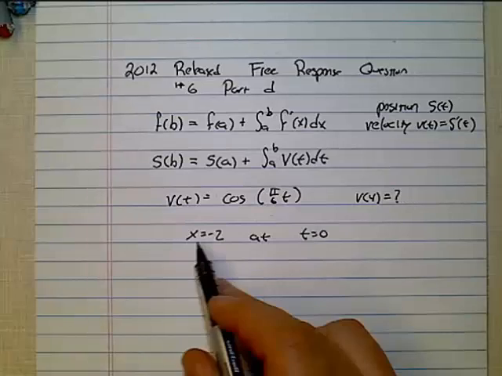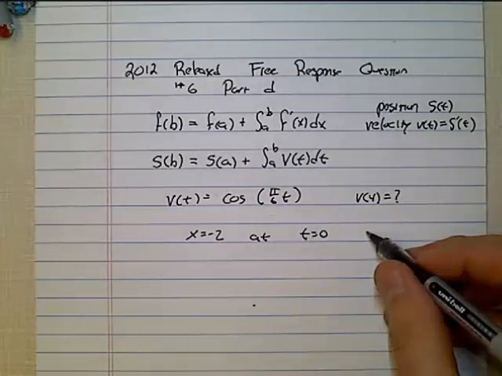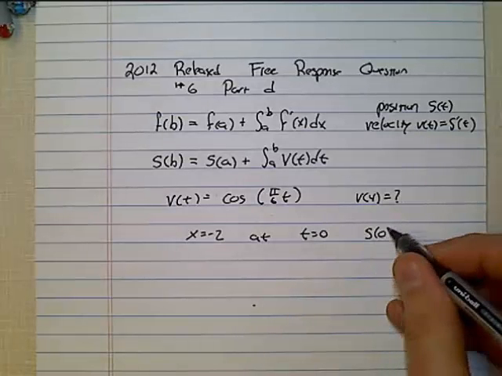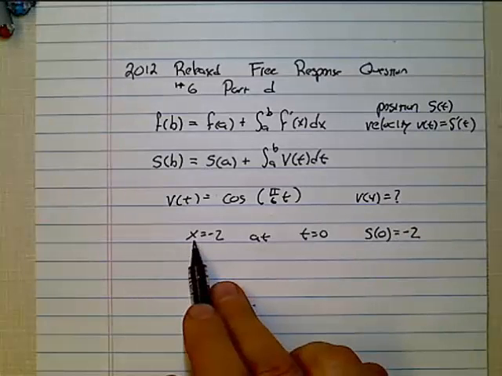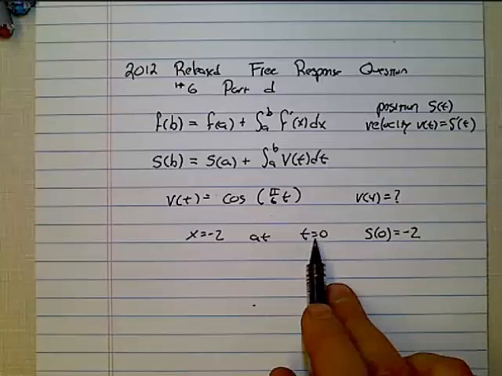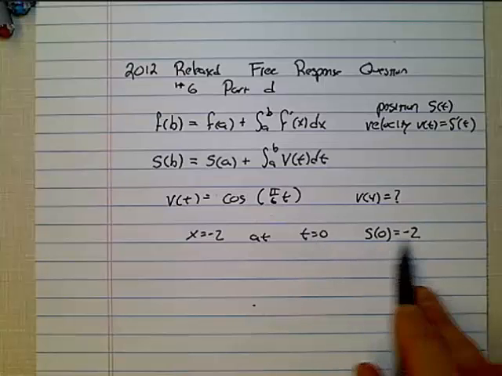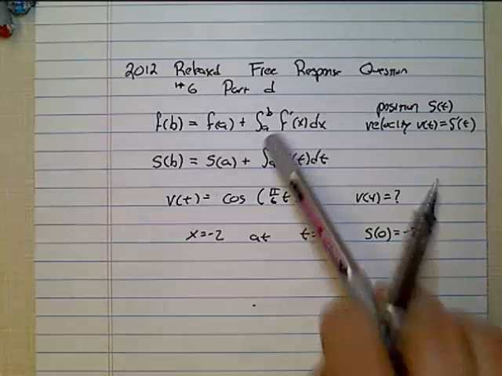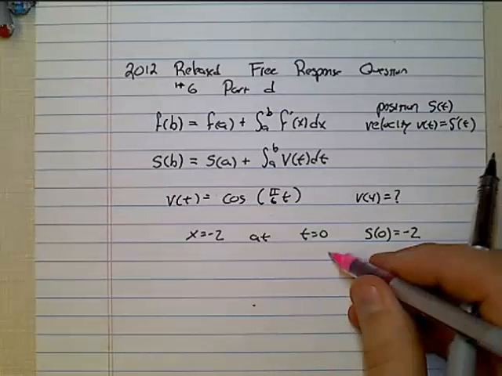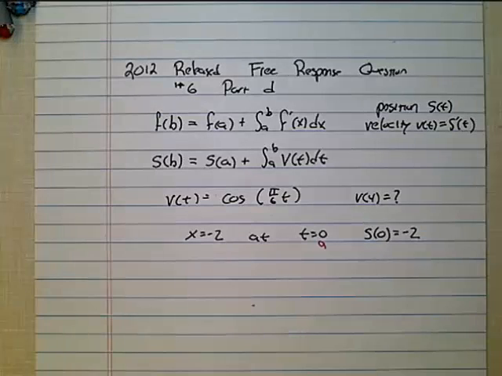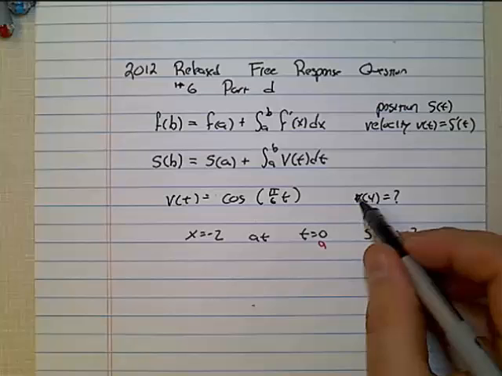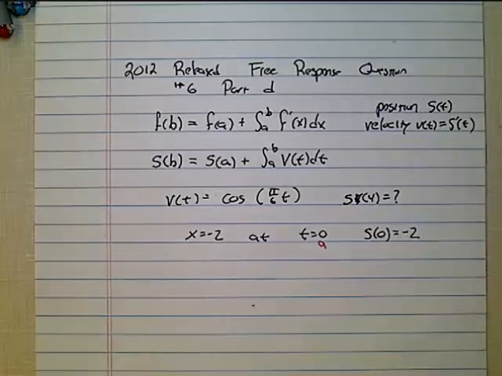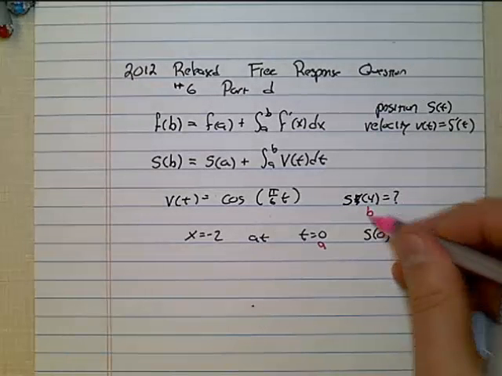So we need to understand this as telling us that the position at time 0 is equal to -2. It means the position at time 0 is equal to -2. So now we know what our a and our b are, because t equals 0 is our a, and we've been asked for the position at time 4. So we're asked for s of 4, and that 4 is our b.